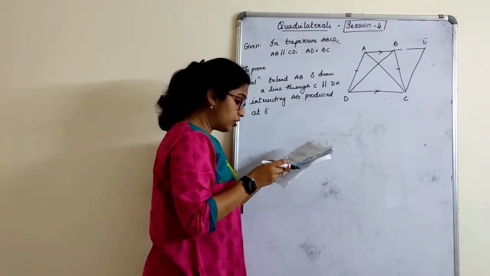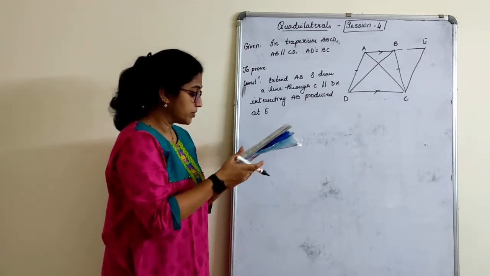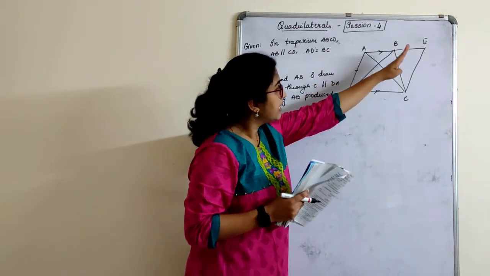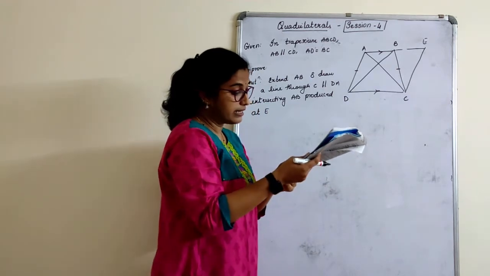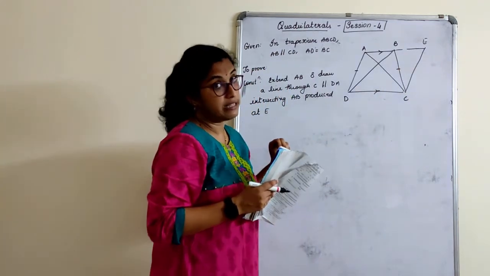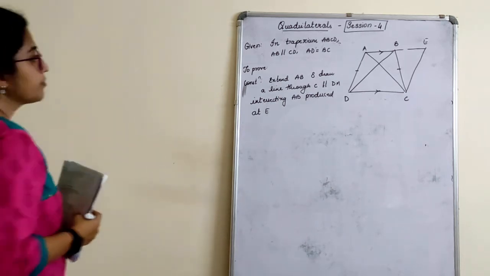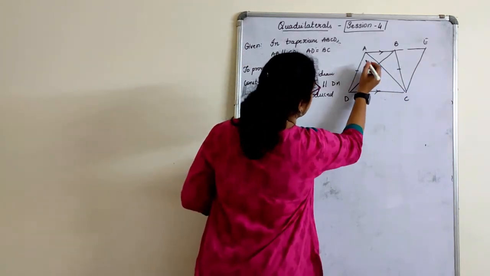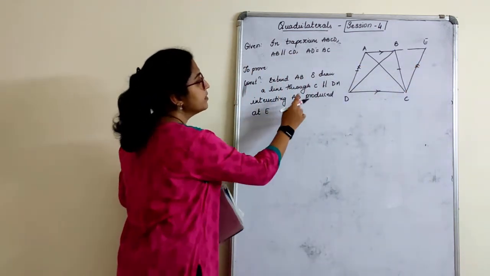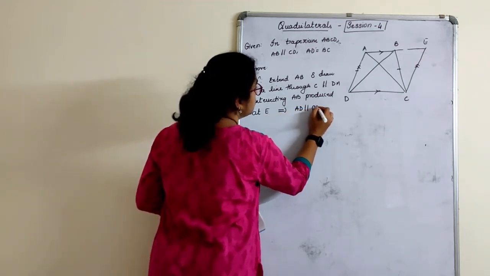Extend AB and draw a line through C parallel to DA intersecting AB produced at E. So actually what they mean here is, when you draw this line and this line, it is parallel to DA. This line should be actually parallel to this line also. So what I will do here now is, this line is parallel to this line according to them. So through C, CE parallel to DA.